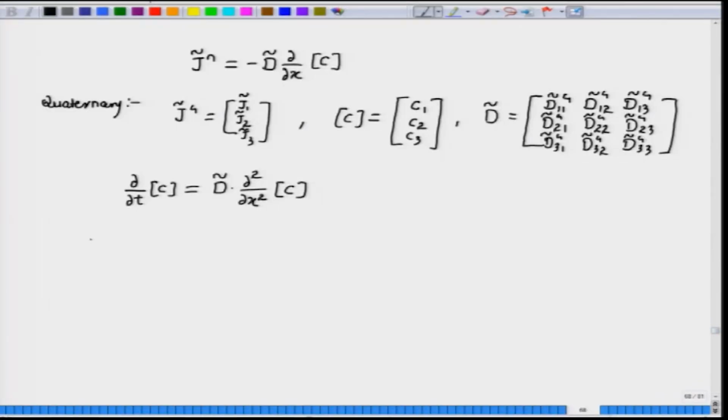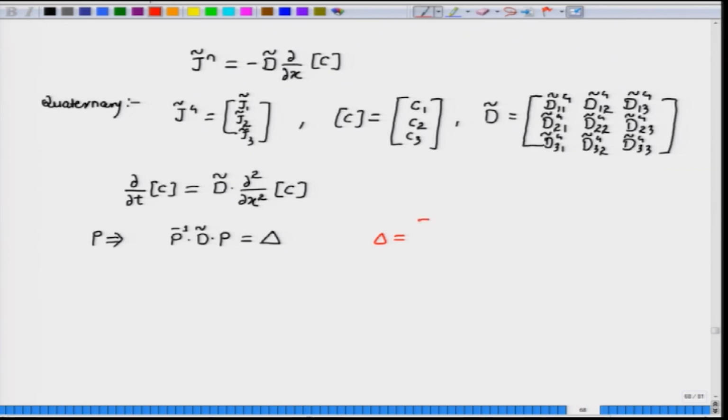So, this similarity transformation matrix P is defined such that if we pre-multiply D tilde by inverse of P and post multiply D tilde by P, we get a diagonal matrix delta. Right. So, here delta is a diagonal matrix and it is obtained by arranging the eigenvalues of this D tilde matrix along the diagonal, right.